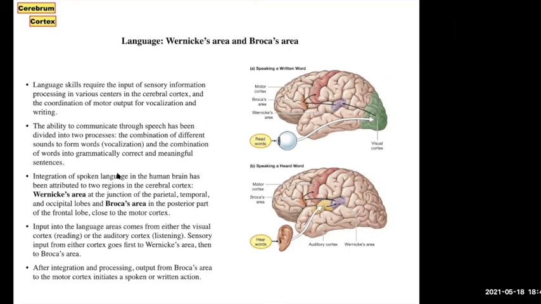The Wernicke's area is for understanding language. Input into the language area comes from either visual or auditory or even tactile, right? If you were deaf, when you were reading Braille, that information would come in here. And it would enable you to make it into symbolic and abstract symbols that would have you understand language. And that's all in the back of the brain right here.